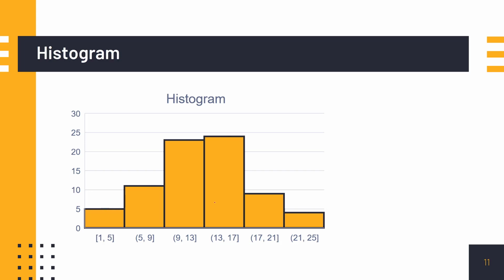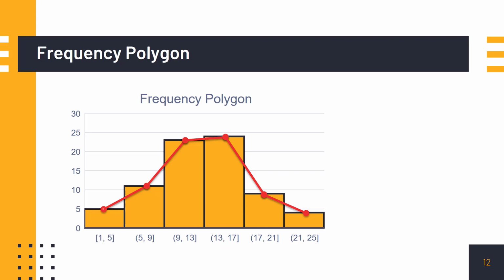If you join these middle values using a straight line, then it is called a frequency polygon. Now frequency polygons are not drawn alone, they are always drawn on top of a histogram. So you don't draw a frequency polygon without a histogram.